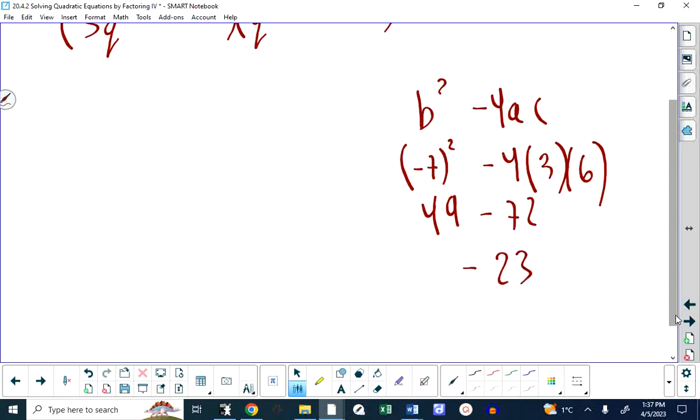I'm just doing this in my head, so I may have made a mistake. Is that right? Well, we'll talk later, but first of all, if that number is negative, there's bigger issues at play here that we'll learn about later. However, that's not a perfect square, so this is not factorable. Bit of a trick question. Any questions with that one? Okay.